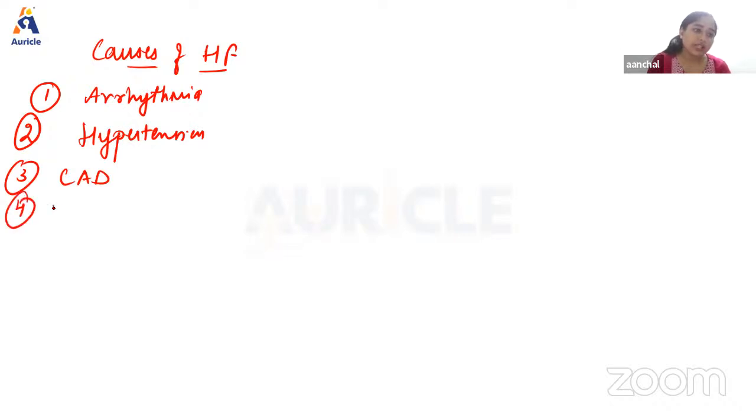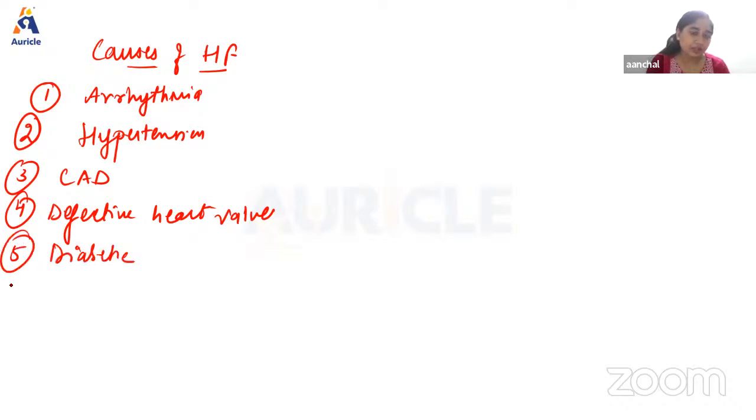Then any kind of defect present in the heart walls, if the person is diabetic, or conditions like anemia and lung disorders. Various causes are there.